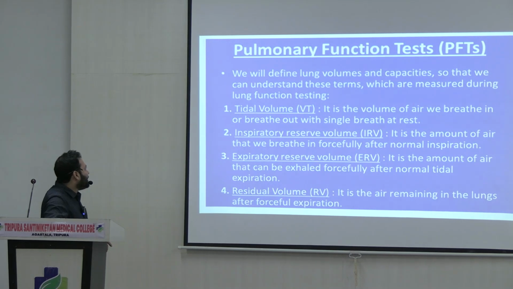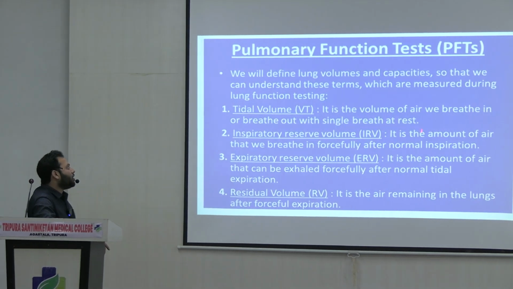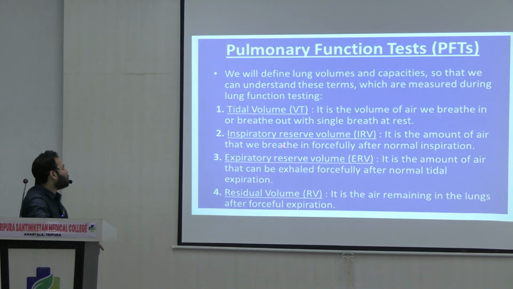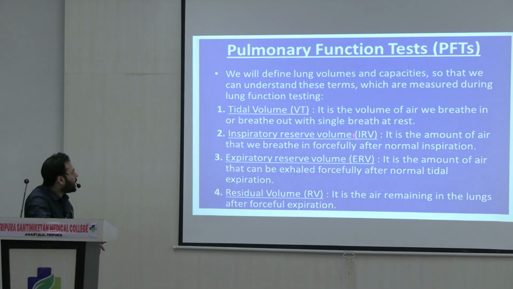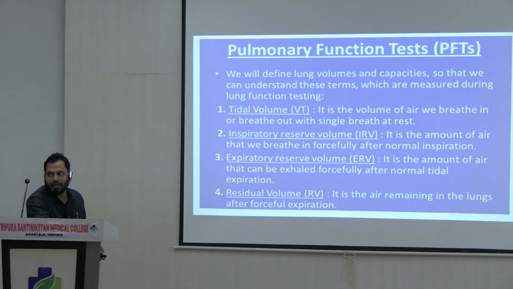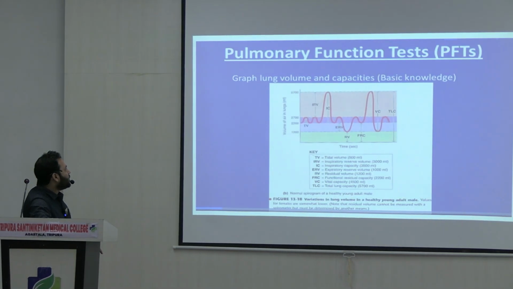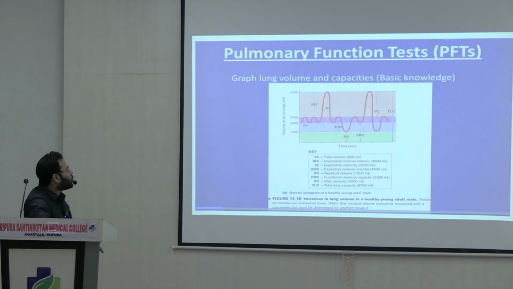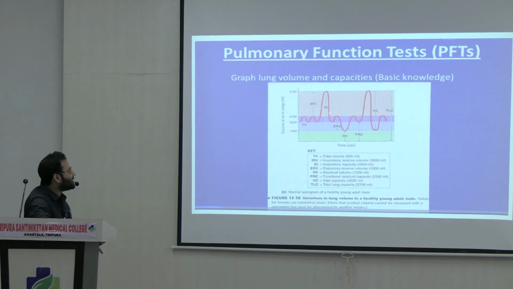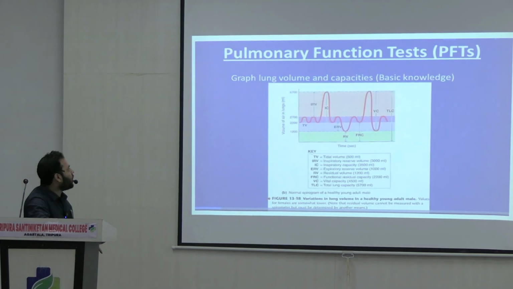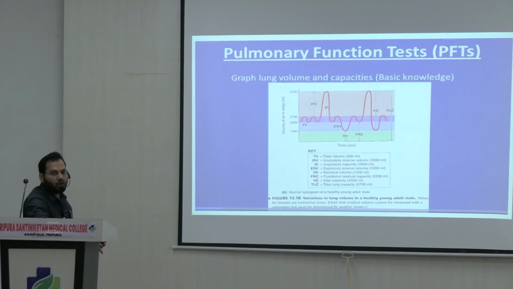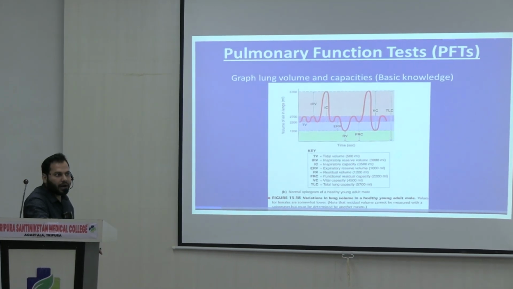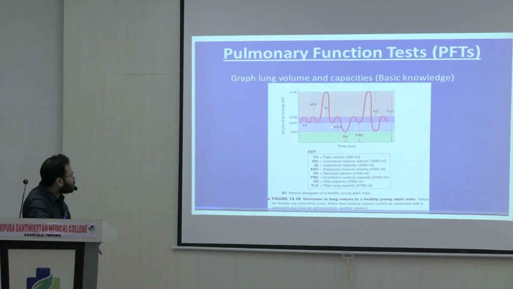Now, see this part is called forceful inhalation and after that there is an exhalation, right? This is called inspiratory reserve volume. So, what is the amount? That is around 3000 ml, right?